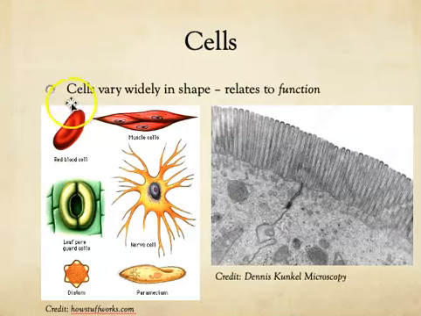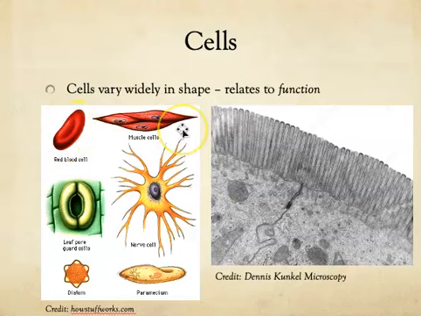And red blood cells achieve this by having this very unique sort of shape. They are certainly circular, they're round, but they have a depression in the center that increases the surface area in that region of the cell.